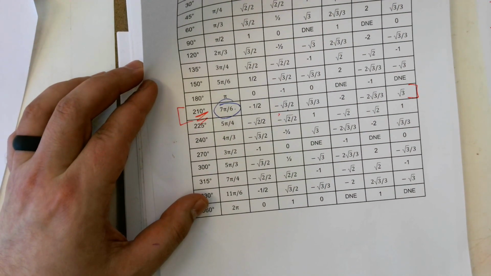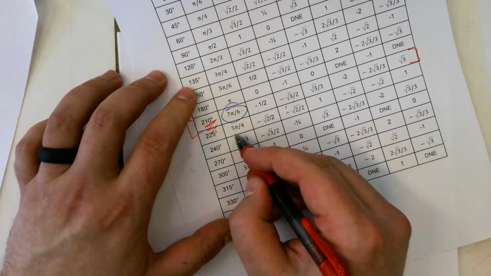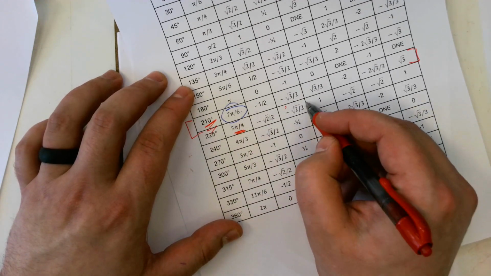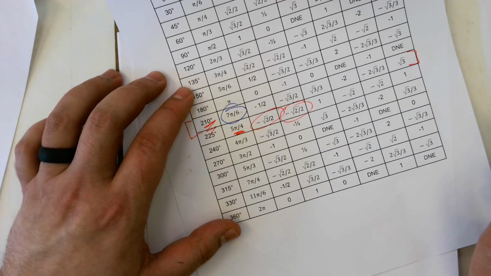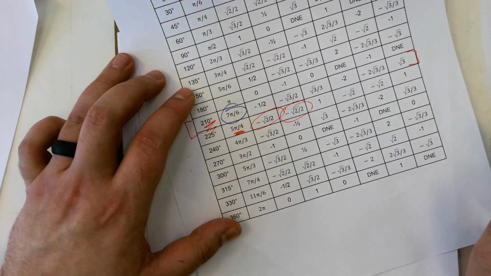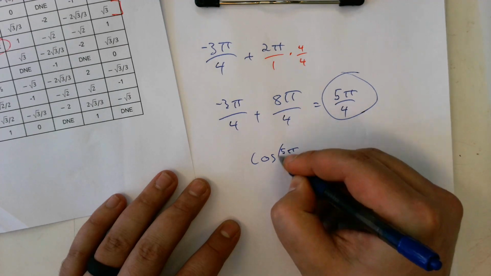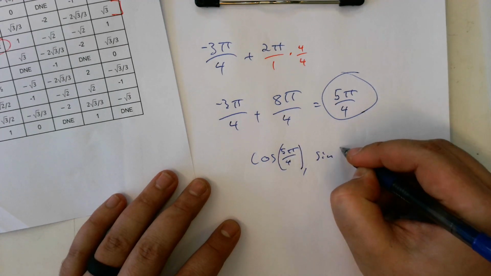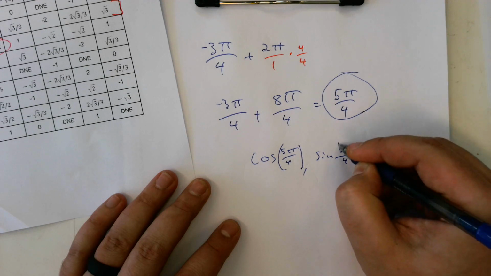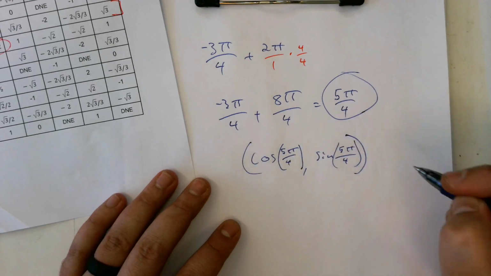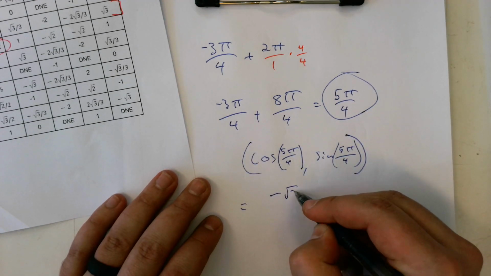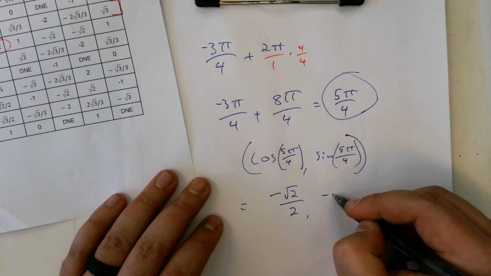Is that on my table of all values? Yes, it is. It's a little bit lower. But again, now I'm going to be negative root 2 over 2, negative root 2 over 2. Anyways, cosine of 5 pi over 4, comma, sine of 5 pi over 4 equals negative root 2 over 2, comma, negative root 2 over 2.